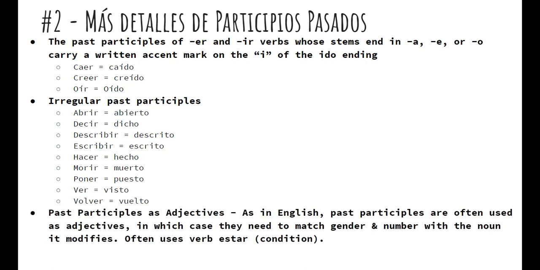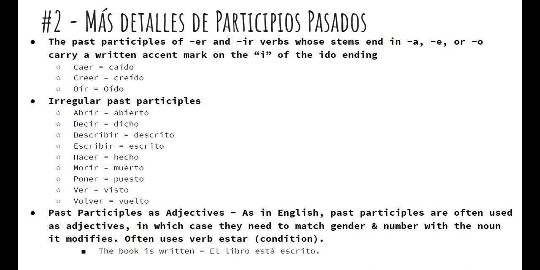One thing you'll notice is that past participles often operate as adjectives. So as in English, past participles can be used to describe things, in which case they will need to match gender and number with the noun that it modifies. Often you'll find in Spanish, the verb used with them is going to be estar. It's often a condition thing. Por ejemplo, the book is written.